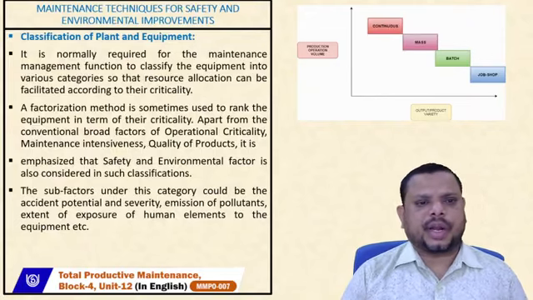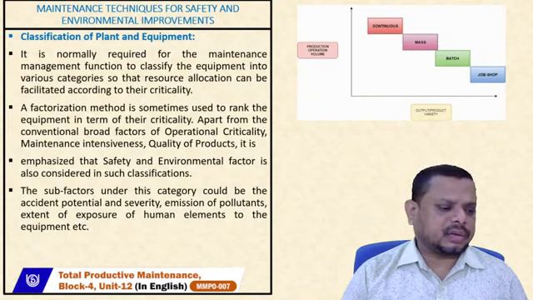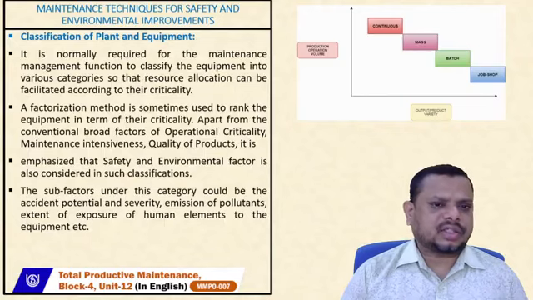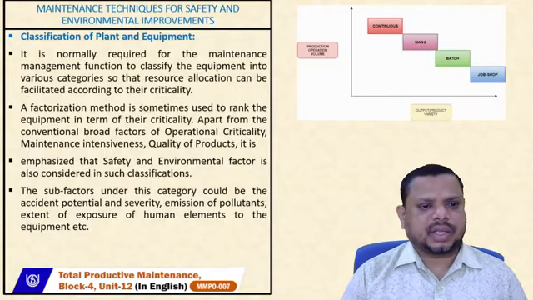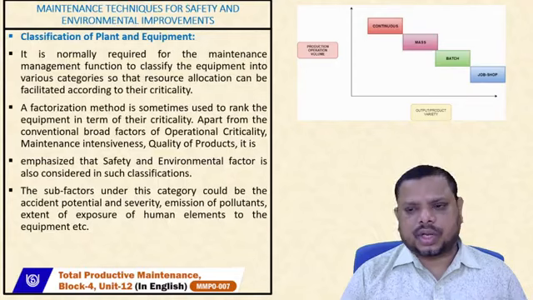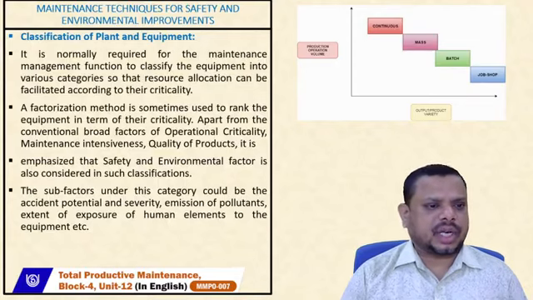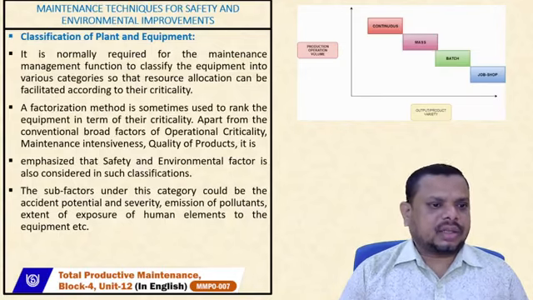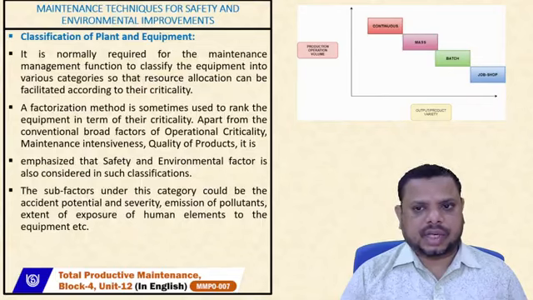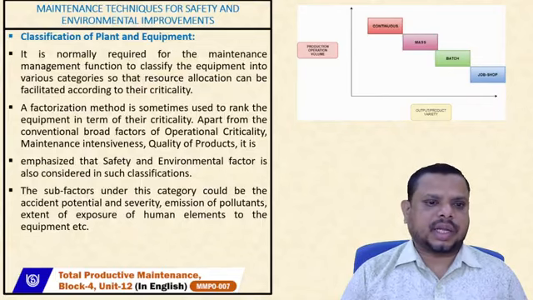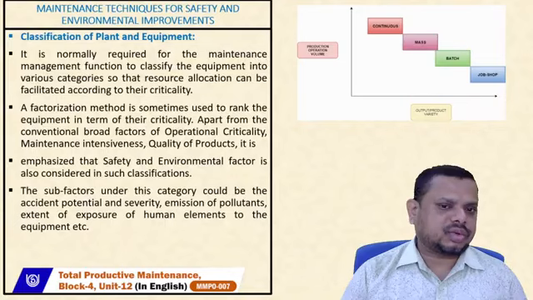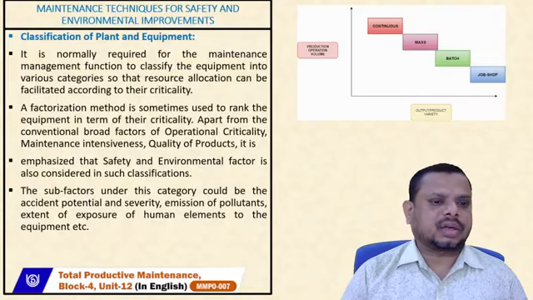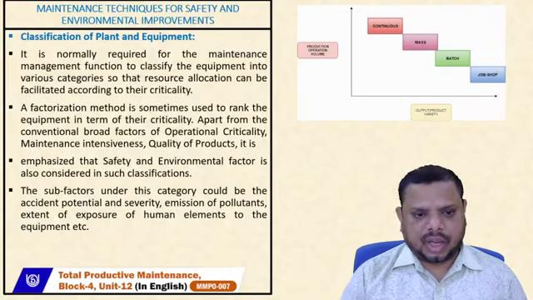So if you go to point number one, it is normally needed for the maintenance management function to classify the equipment into various categories so that resource allocation in the form of man, machine, and material can be facilitated according to their criticality. And the second point is that factorization methods like continuous, mass, batch, or jobs of production sometimes use the rank of equipment in terms of criticality, as I told.